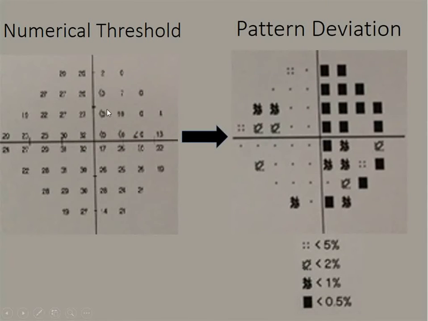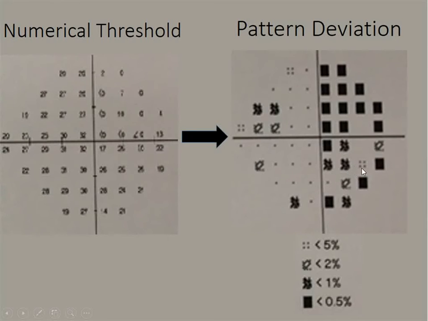So what the machine then goes ahead and does is it takes these values here and creates a map for us showing whether the point is considered normal or abnormal. These points here, for example, this value of 25, I believe, that's over here, is considered normal. It just gets 1 dot.